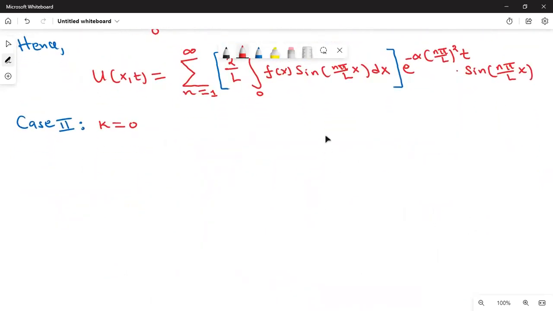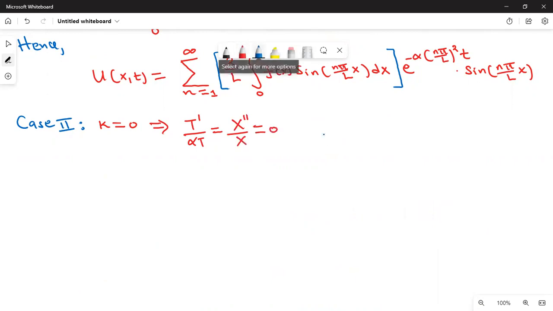Here. So now this is what you're going to get. We're going to have T prime over alpha T is equal to X double prime over X, which is equal to k, which is 0.